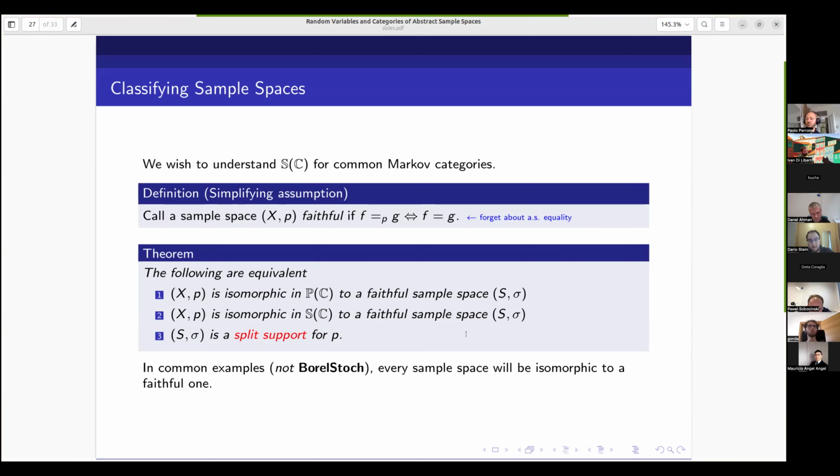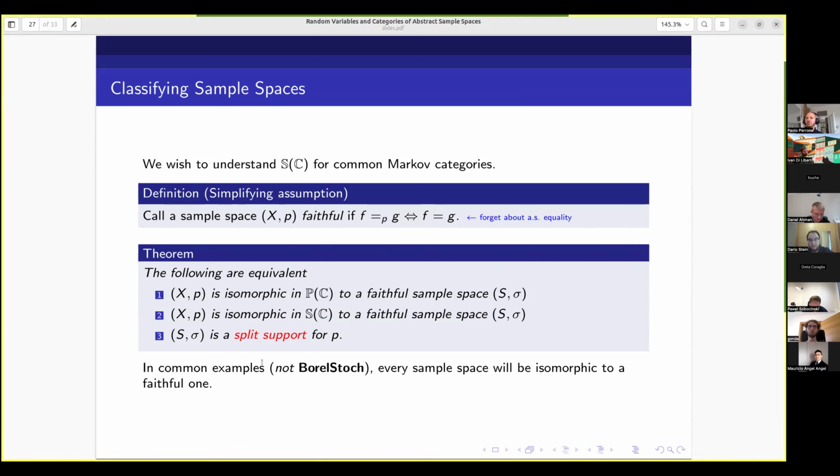And we can prove that abstractly. And both of these conditions are equivalent to saying that S, so this faithful sample space, is what's called a split support for P. So if we have a notion of taking supports of distributions in an appropriate Markov category sense, then we can hope for this.